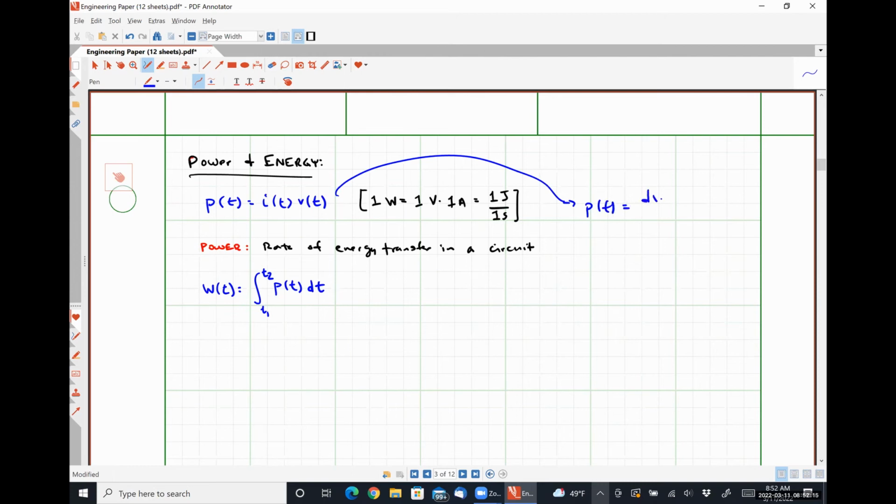Power is the derivative of energy. And we will define energy to be the amount of power consumed over a fixed duration of time.